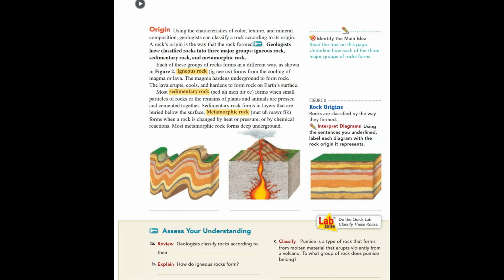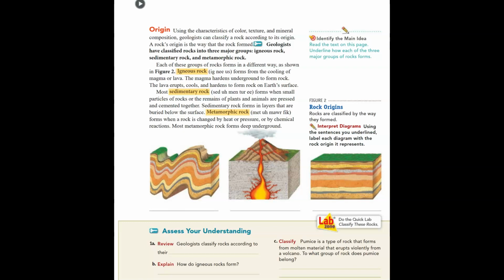Well, we know that metamorphic forms when a rock is changed by heat or pressure or by chemical reactions, and they form way deep underground. So the first wavy one would be our metamorphic rock. There is pressure, there is heat that is crunching together, making this rock. We know igneous forms from the cooling of magma or lava.